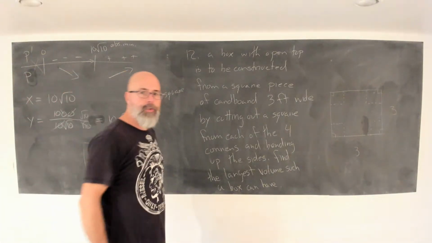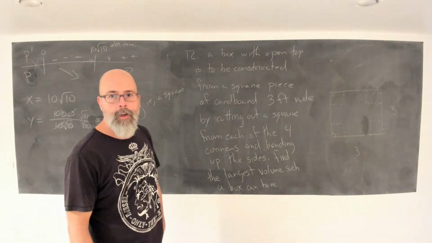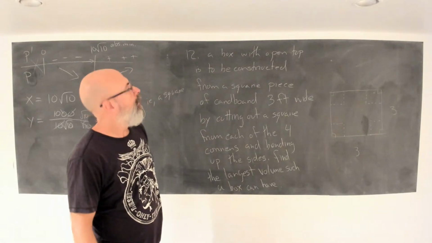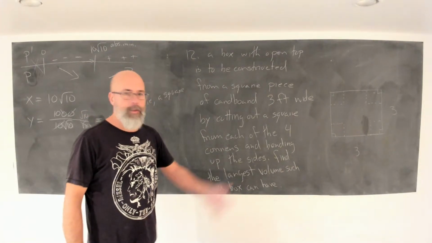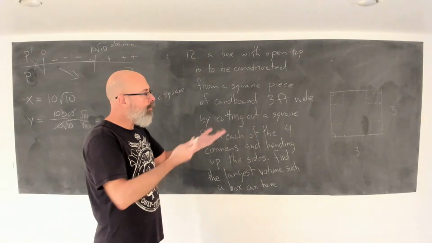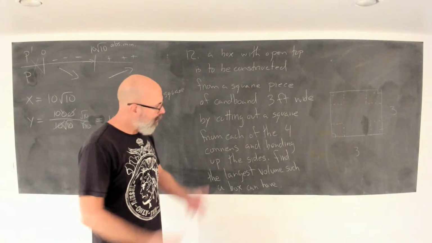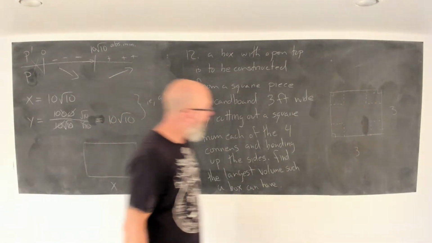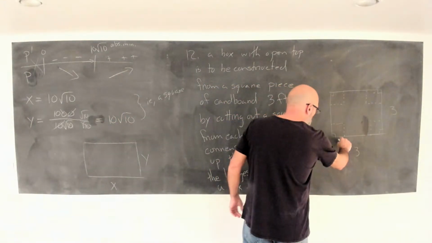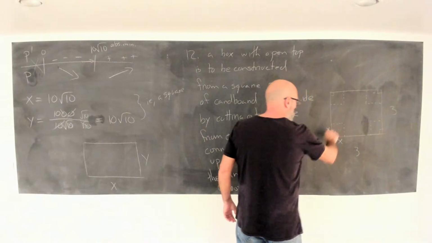So as Kamal suggested, we don't know how large the squares are. So let's introduce some variables. How large are these squares? We don't know. Let's call them x.